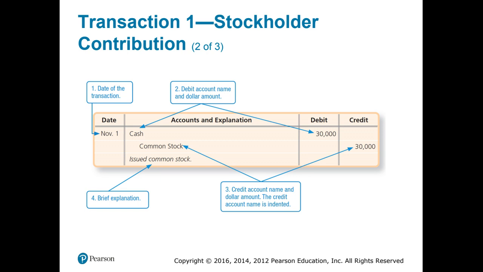Another thing, if you notice there's an indentation here. So we debited cash and then we credited common stock. So we're going to indent a little bit. We're going to push this over to the right just a tad for common stock, and then we put this into the credit. The reason I'm talking about that is because you're doing this in requirement 3 of your assessment.